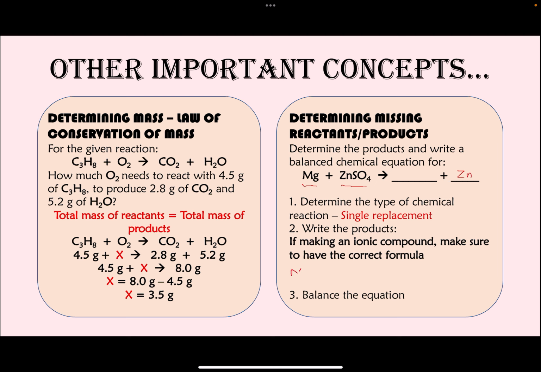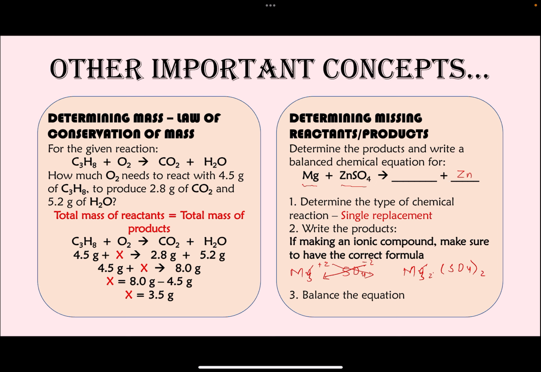And so when magnesium is reacting with sulfate, magnesium has a charge of +2 and sulfate has a charge of -2. So when we do the crisscross, we bring the 2 down for both of them. So the chemical formula that we get for this is going to be Mg2(SO4)2.